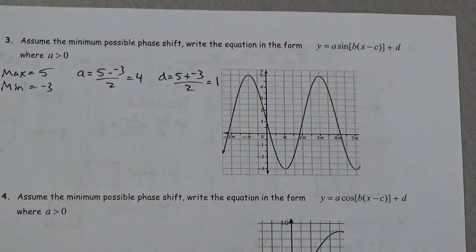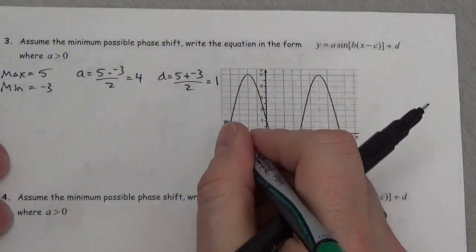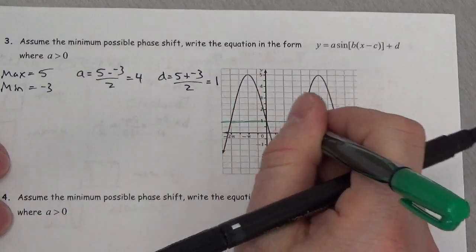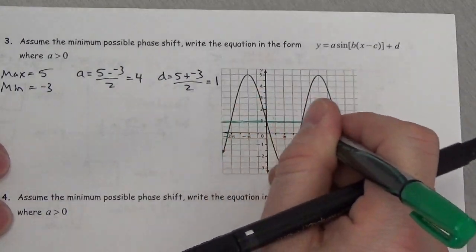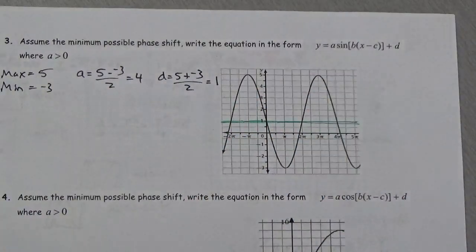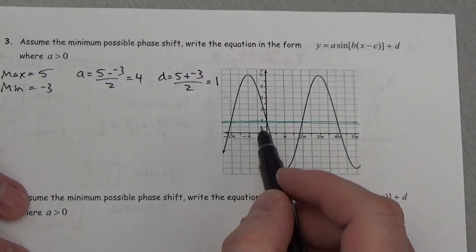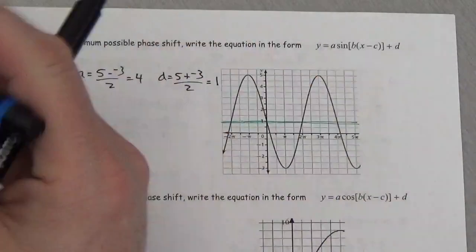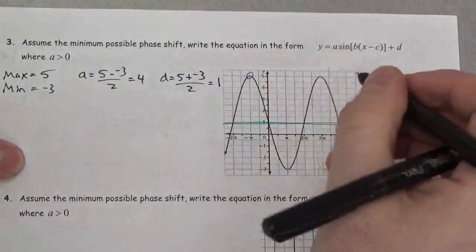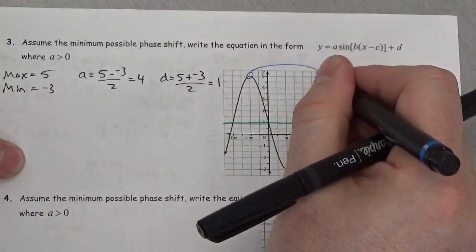Now, I would encourage you at this point, like I said before, to draw that line through the vertical center there. That gives me an idea of where a sine graph might start. Now I'm going to judge the period here. I'm going to judge from this peak to this peak.